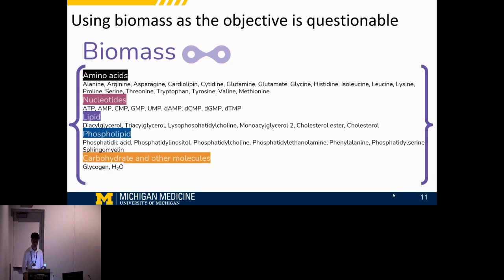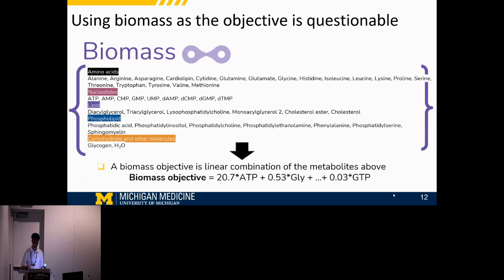And the second issue is that there are actually 40-ish metabolites inside the biomass objective. As I'm showing here, I won't go into detail, but mathematically, the biomass objective is the linear combination of those 40-ish metabolites that I'm showing on the bottom of the slide.